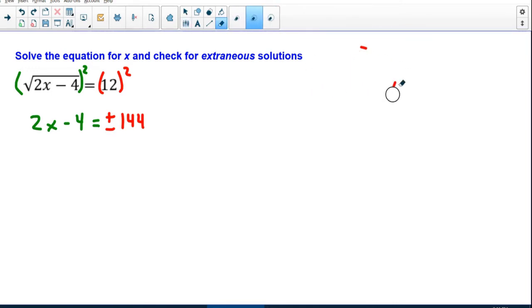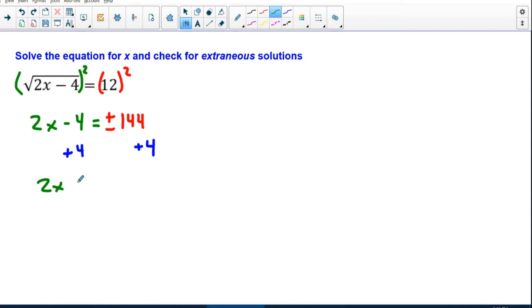So let's look and see what happens next. To solve this equation, I could next add 4 to both sides to get rid of the minus 4. All right, so that's going to give me over here, these cancel. I get 2x. On the right-hand side, I'm going to have 4 plus or minus 144.